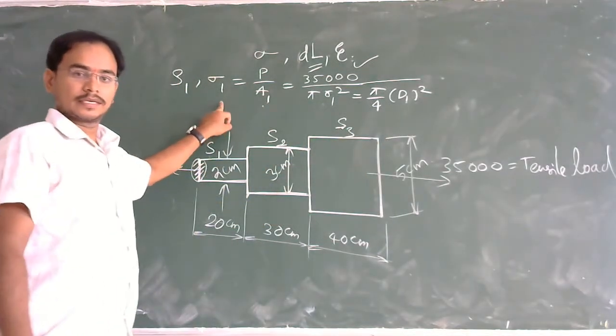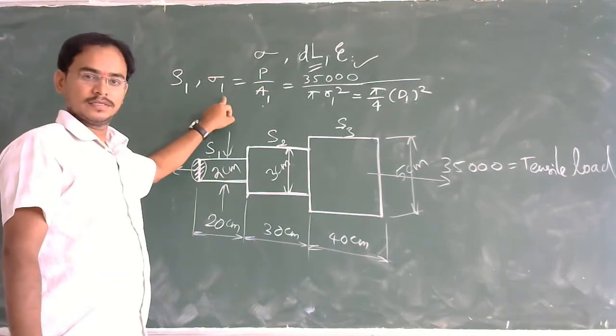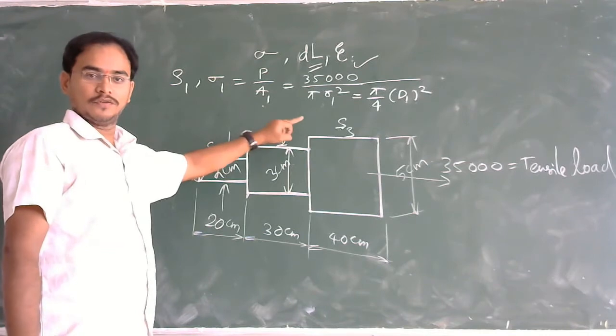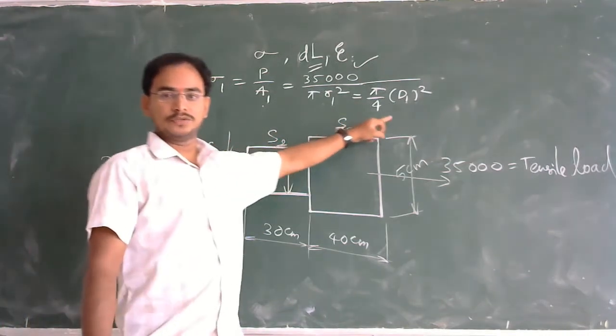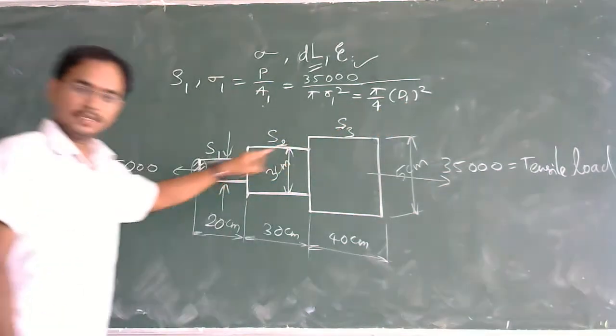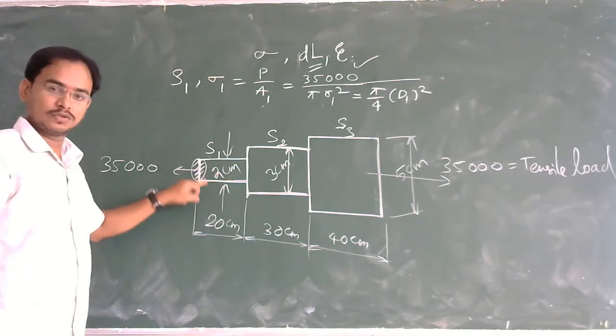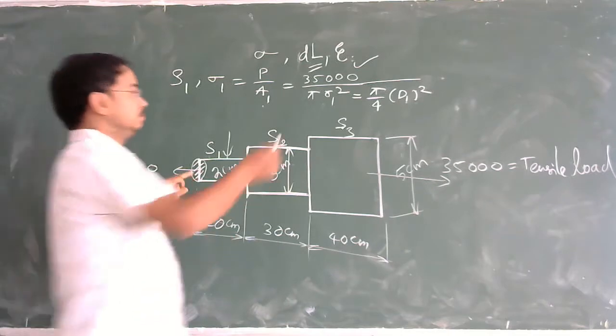Now you can calculate sigma 1, that is stress in section 1, by using the formula and substituting this d1. What is d1 here? d1 is 2 centimeters. Convert this 2 centimeters into mm.